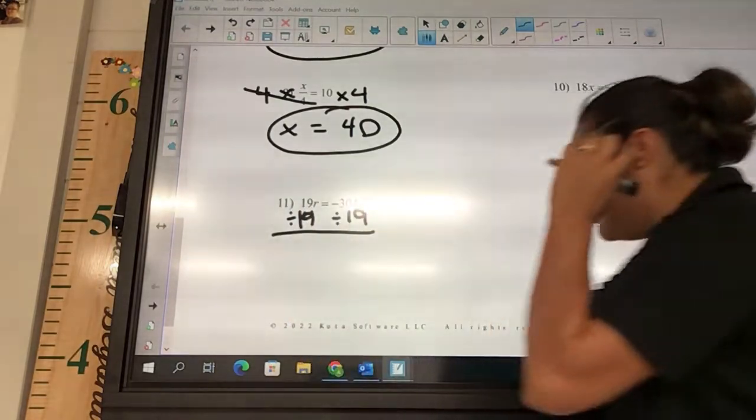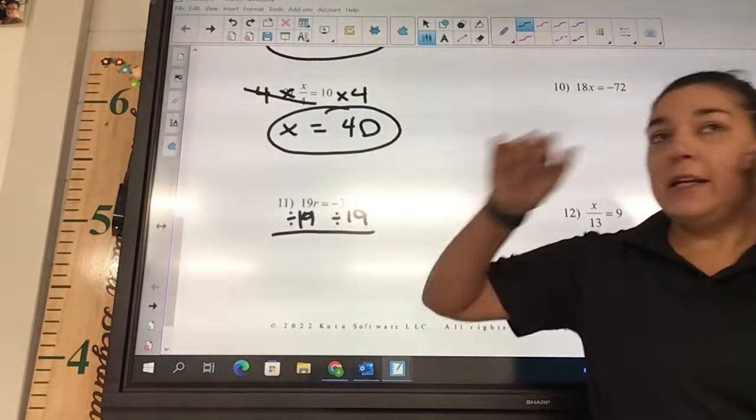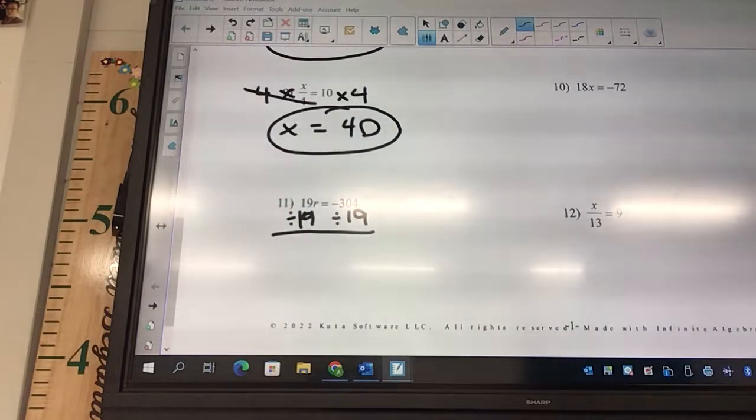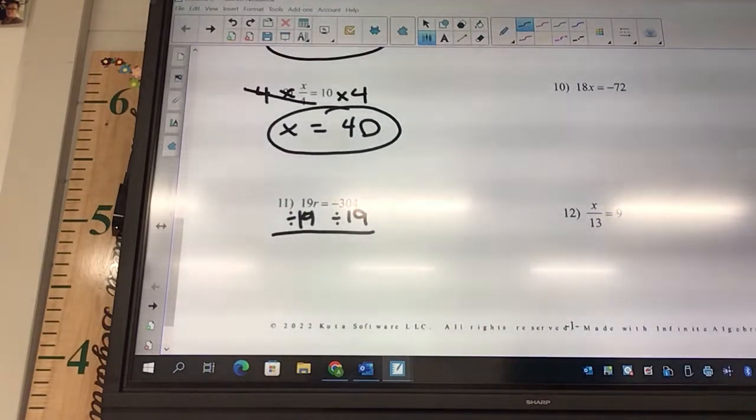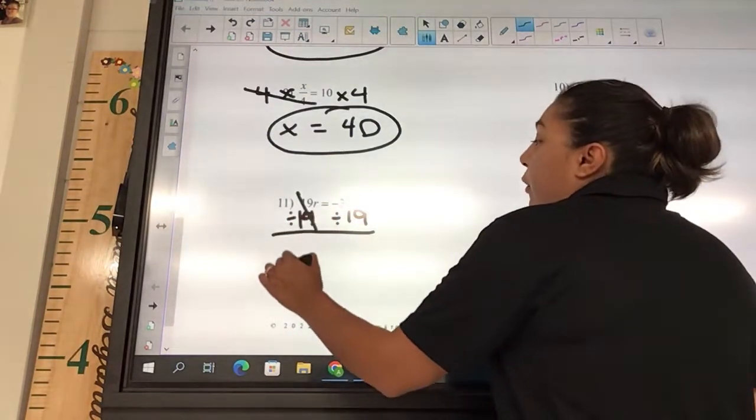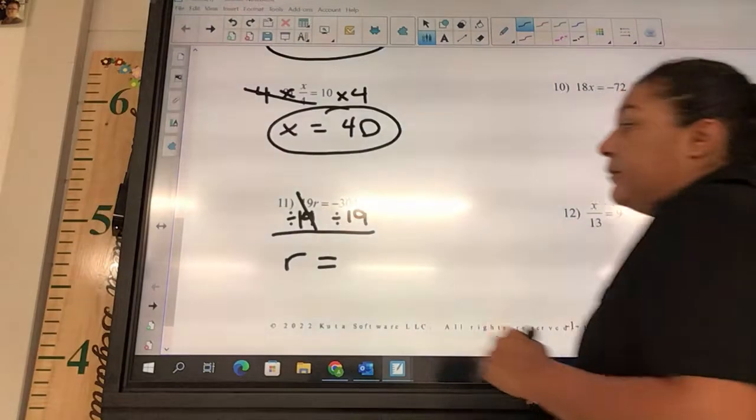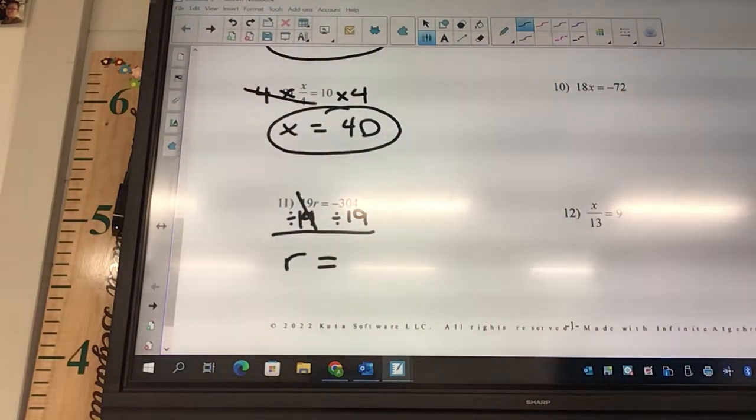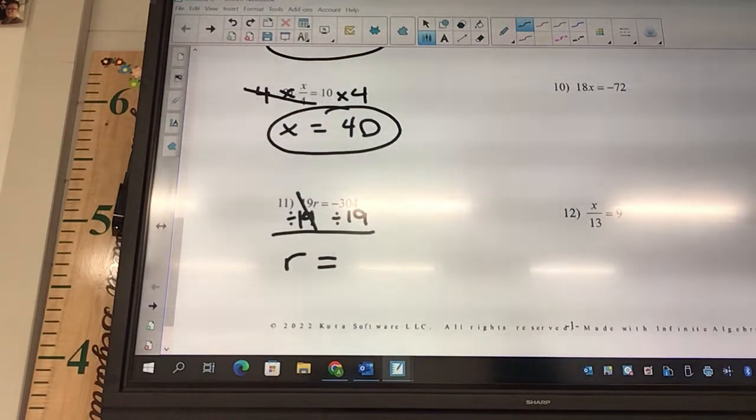And if you think about this, what is 19 divided by 19? 1. And so you have 1r, which is really the same thing as r. Negative 304 divided by 19. Don't ask me, 'cause I don't know. Negative 16, somebody agree? I agree.